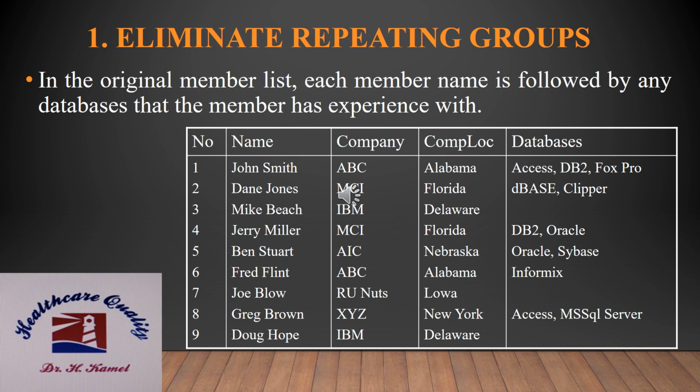First rule is to eliminate repeating groups. In this example, we have the original list of members' name followed by its company.